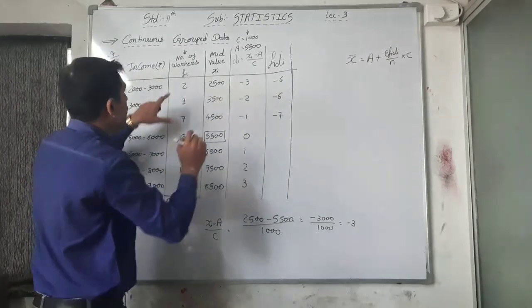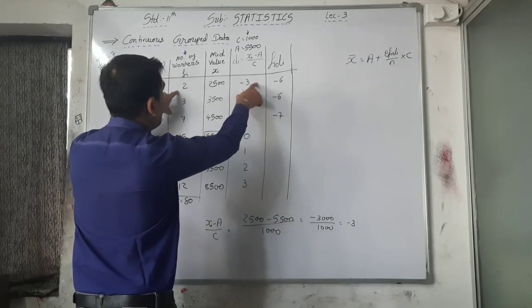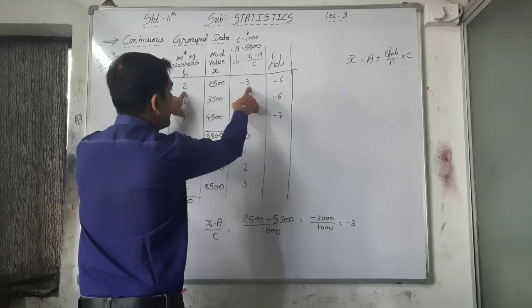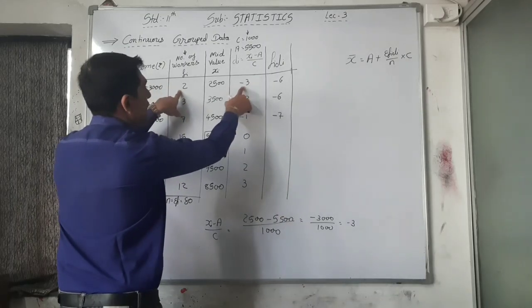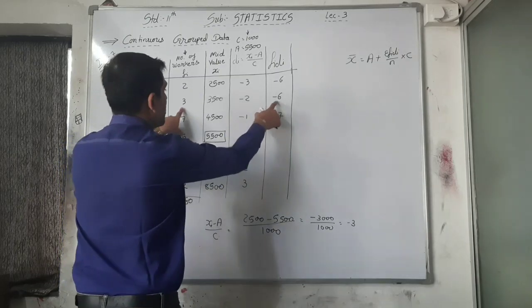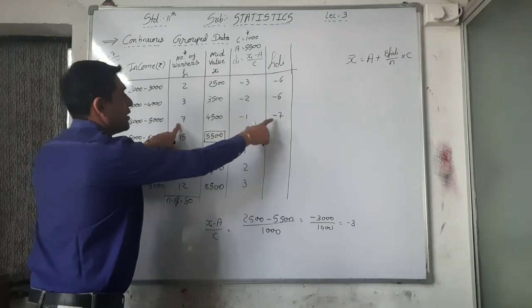You have to multiply fi with di. Here it is your fi, here it is your di. So here 3 2s are 6 but minus, because plus into minus is minus. Here again 3 2s are 6 but minus. Here 7 1s are 7 but again plus into minus is minus.